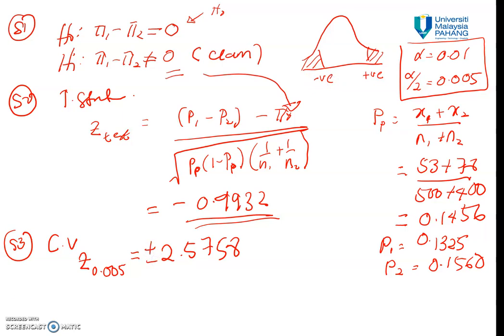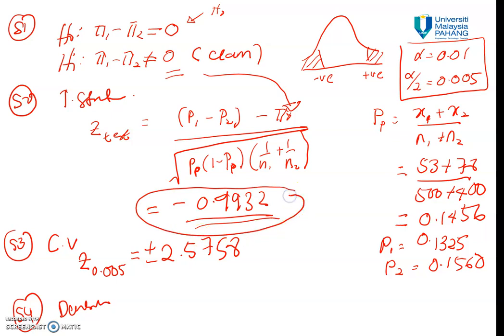Okay? So now step number 4, decision. What is your decision? Reject H null when this value is in the dark side. Again, I'll show you in terms of the figure first.